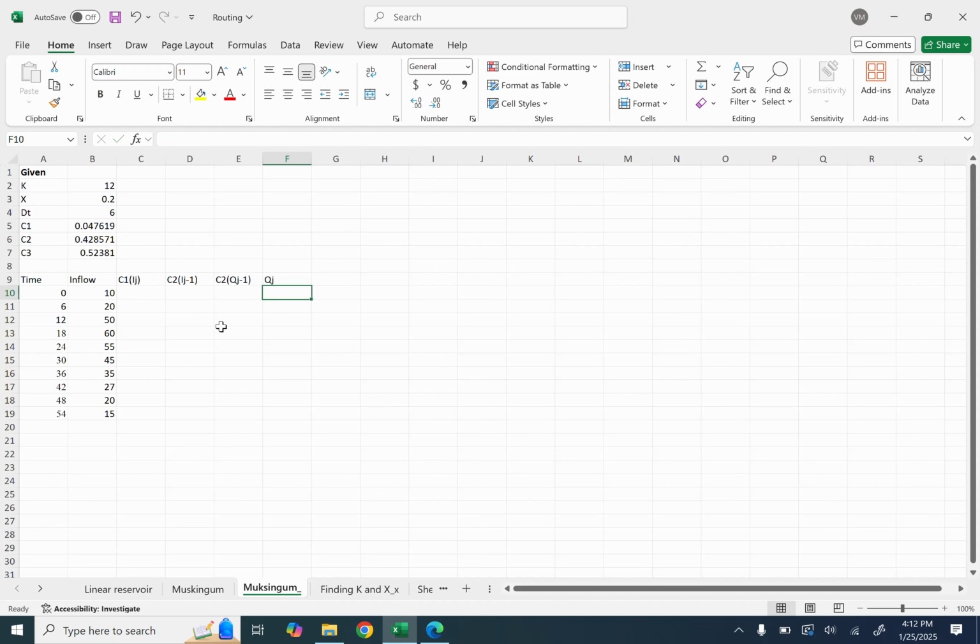Okay, so qj, when j equal to 0, is given to us, so that's 10, we will write that down.